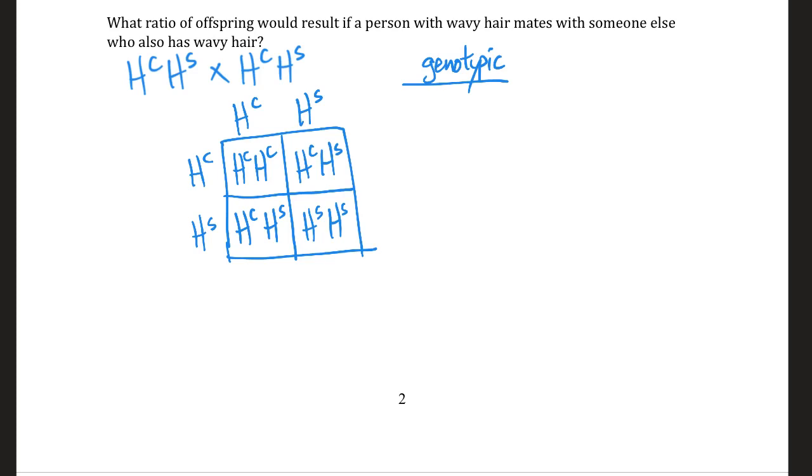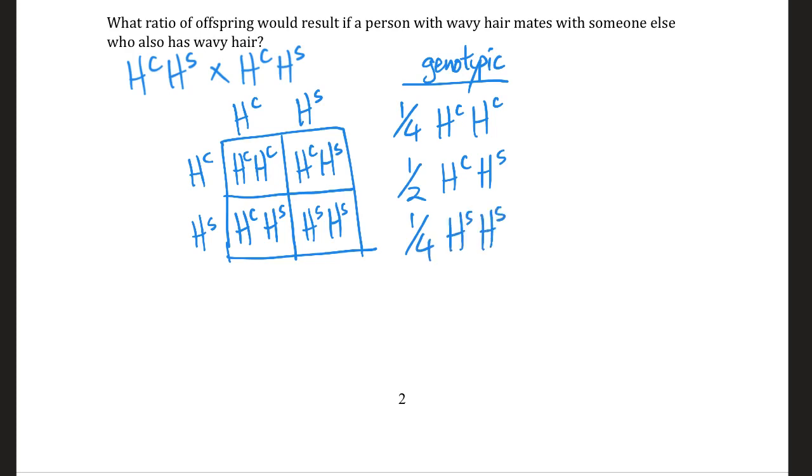So the first type, 1/4 would be HCHC. Half would be HCHS, and the half that I'm referring to are these ones here, HCHS. Okay. And the last quarter, HSHS.